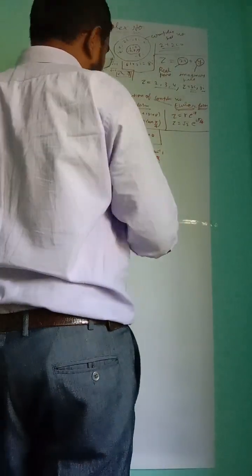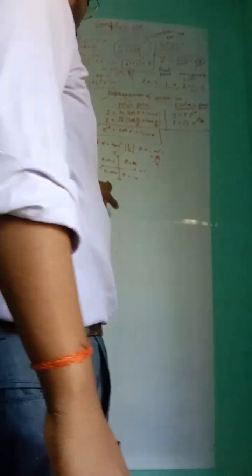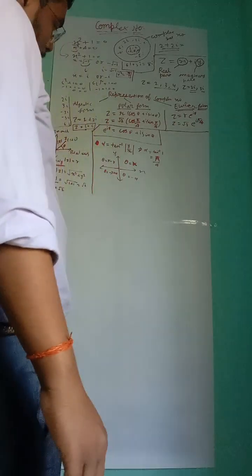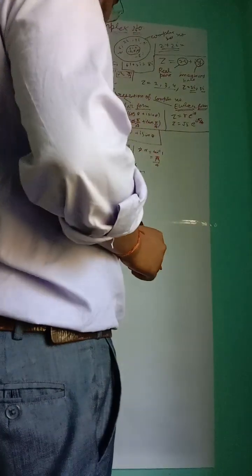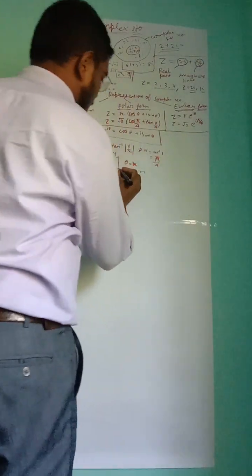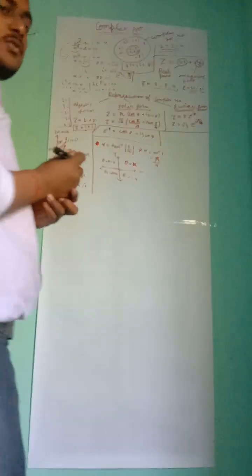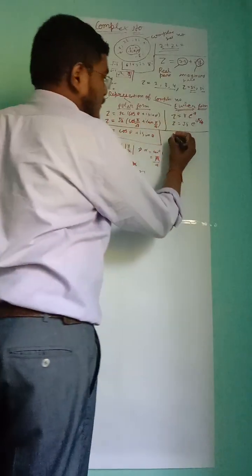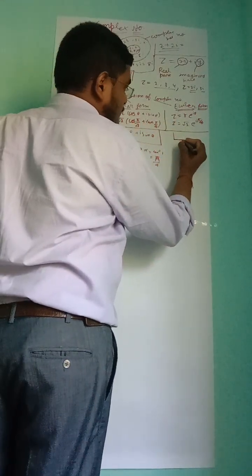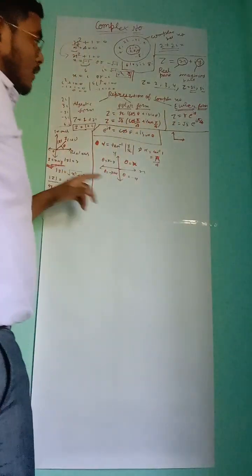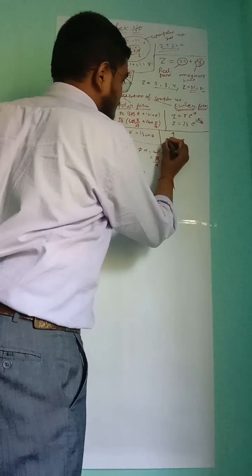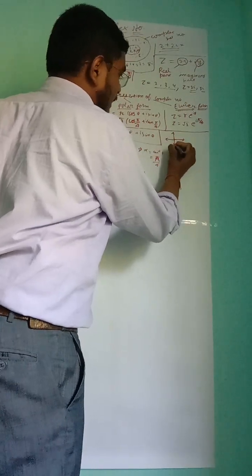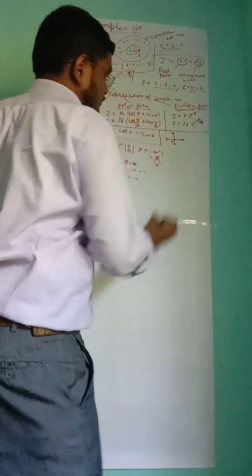Now what is the argument of 0? Basically argument of 0 is not defined. Why? Suppose this is my Argand plane where 0 lies. 0 lies at the origin itself.